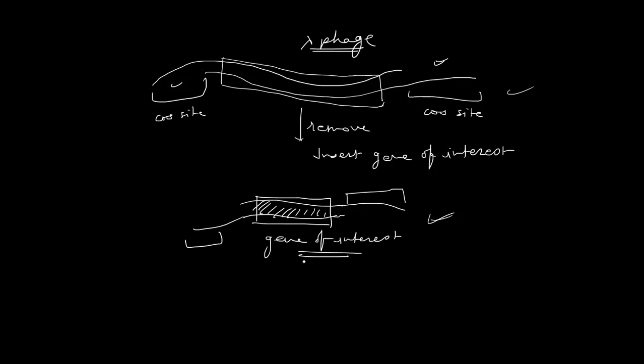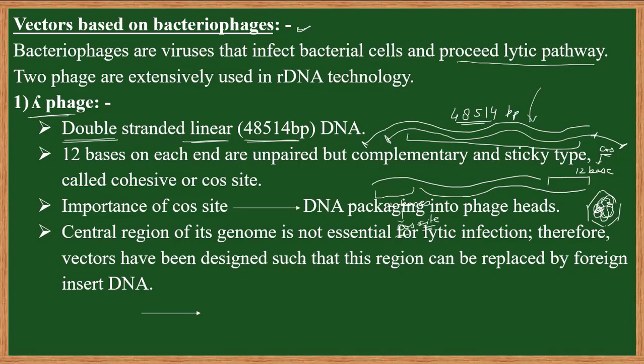This phage has a natural ability to infect the host cell. The central region of its genome is not essential for lytic infection, therefore vectors have been designed such that this region can be replaced by foreign insert DNA or gene of interest. As for the insert size, for this vector it is up to 23 kb. Up to 23 kb we can insert in this type of vector.